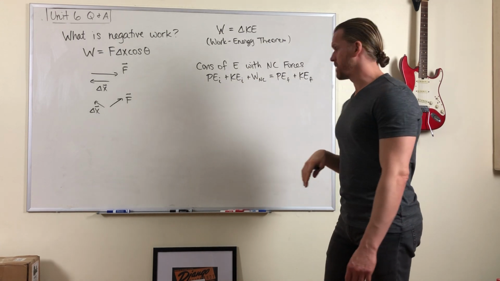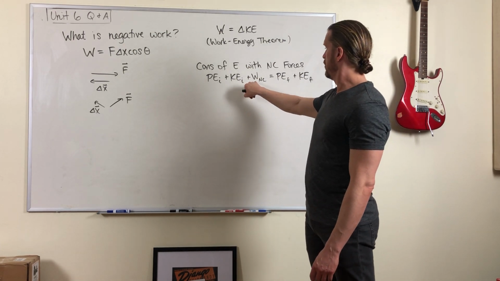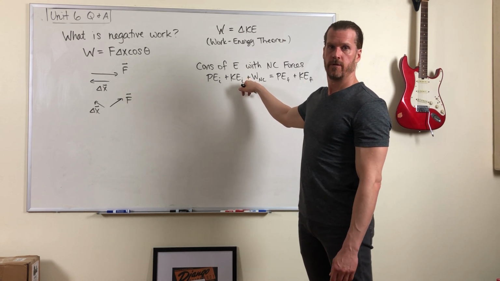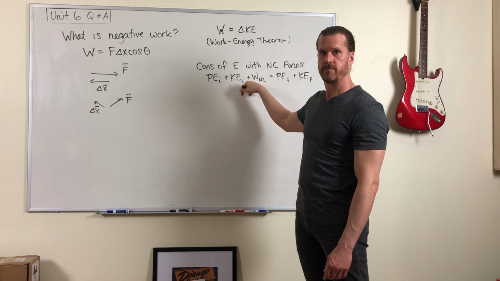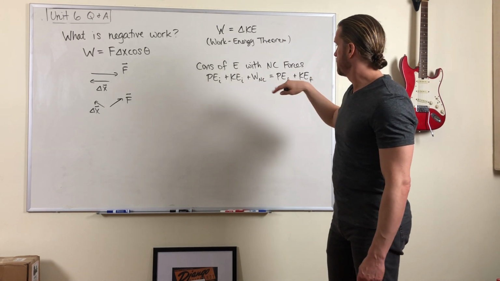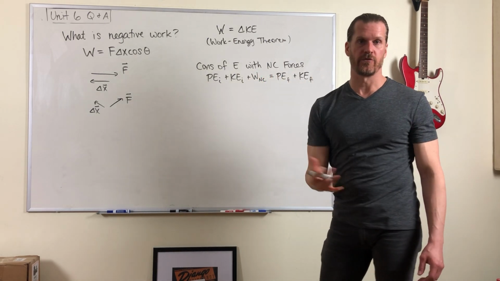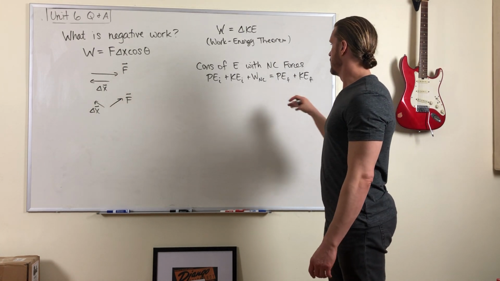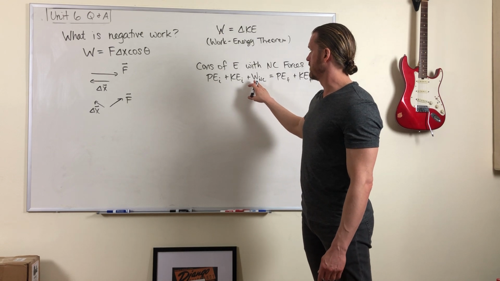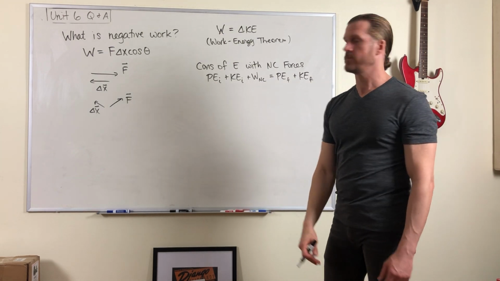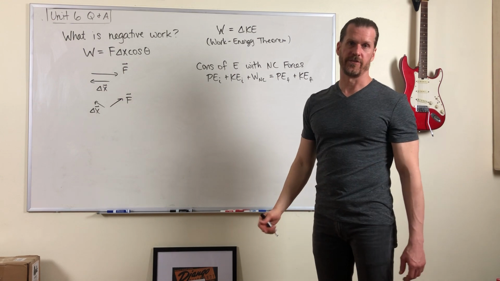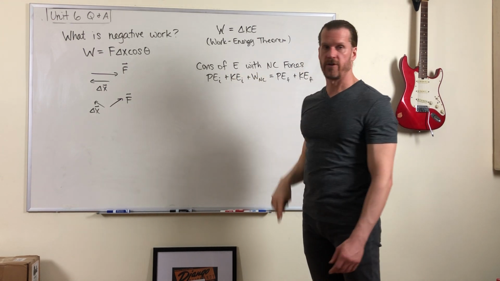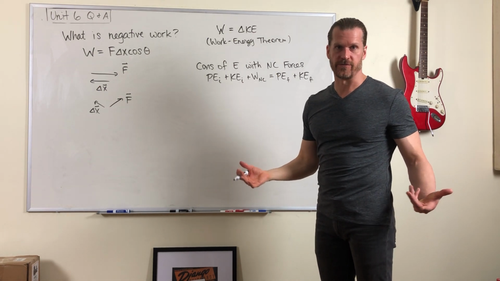And what this is saying here is that when there is some force doing work on a system, then it's changing the total amount of mechanical energy in that system. So if you have a problem where there's friction, this work done by friction is negative, and that means you are removing some mechanical energy from the system.